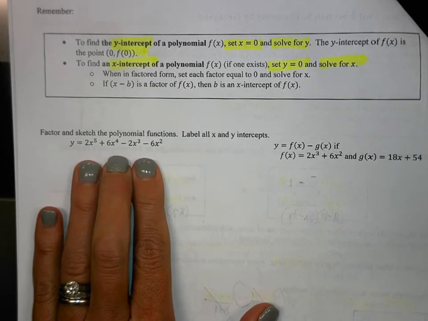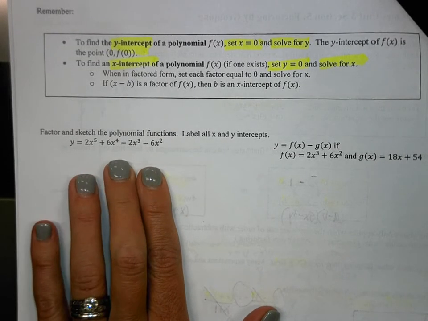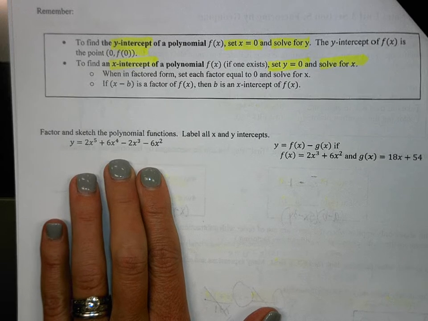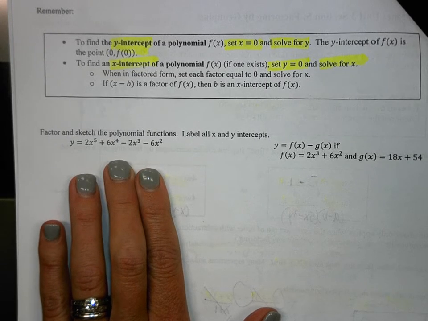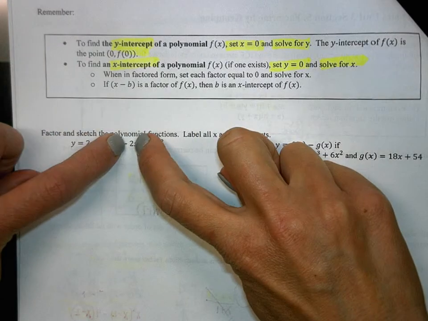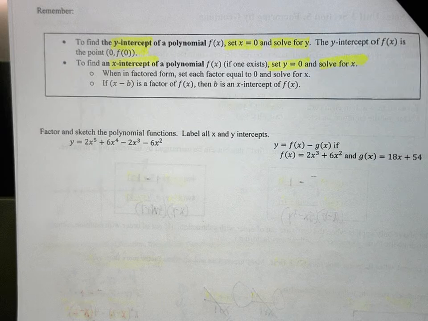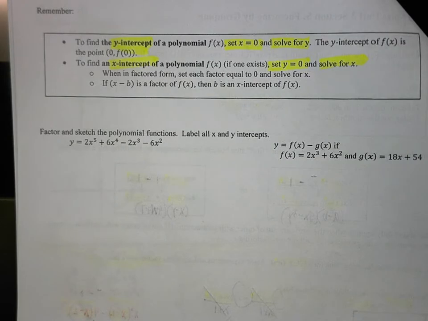With every problem when we start, you want to check for a GCF of the entire problem. I start by looking at each of the numbers. So you look, there's a 2, a 6, a 2, and a 6. With all of those numbers, do they have a common factor? Yes. What is that? A 2. Good.